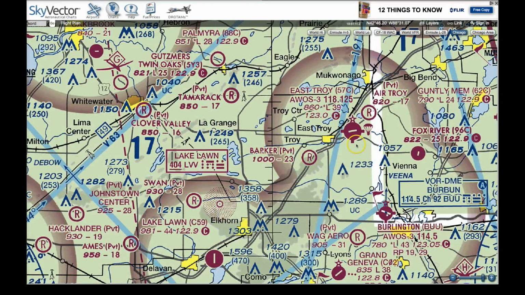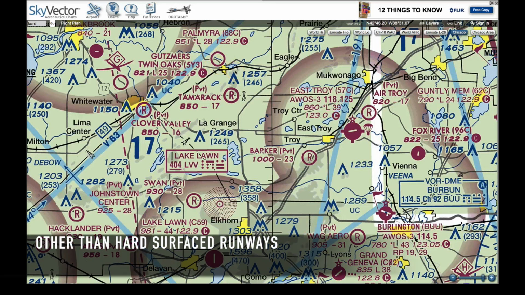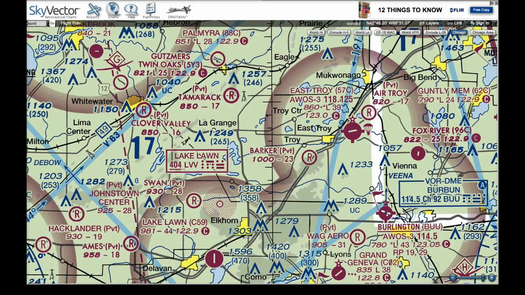So what's the main difference between some of these airports here? Well, you're going to notice that airports that have just a circle are airports that have something other than paved runways. So this could be a grass strip, this could be a dirt strip, or some other type of runway.